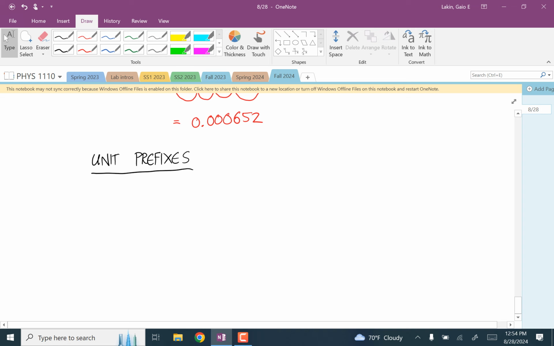There are others too, but I'm going to go from smallest to biggest. So micro is denoted with the Greek letter mu, which looks like a scripty in between an M and a U, which makes sense because that's how you spell it, MU. And the meaning of micro is times 10 to the minus 6.